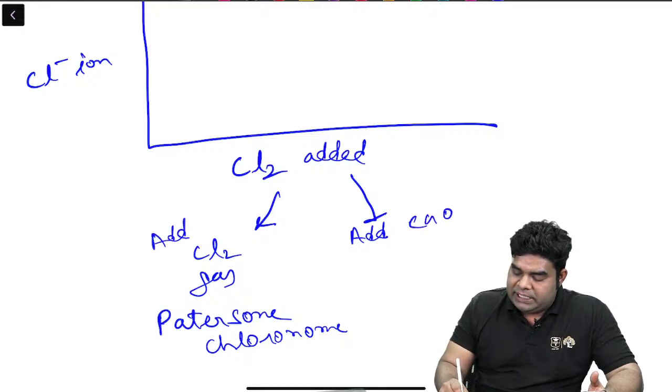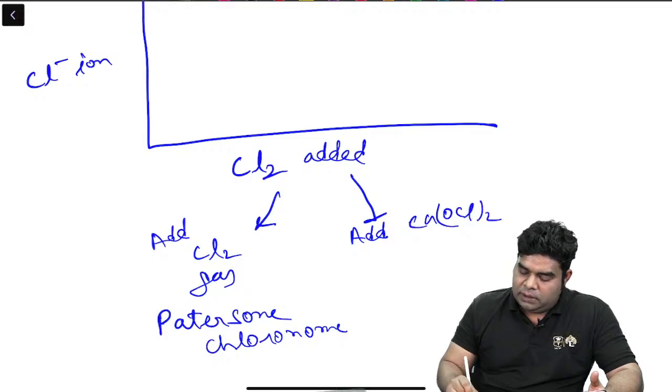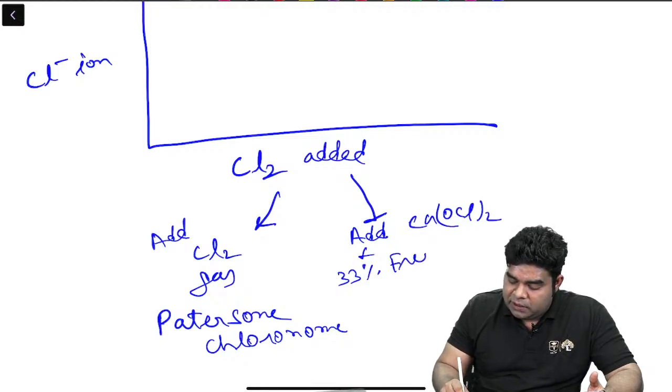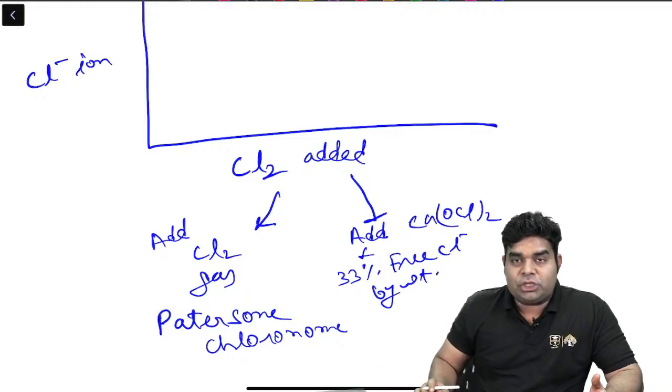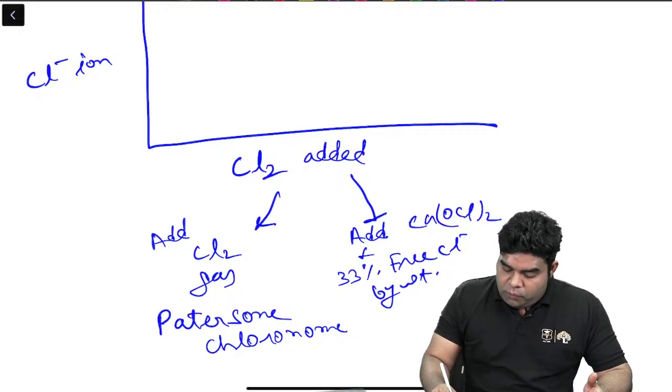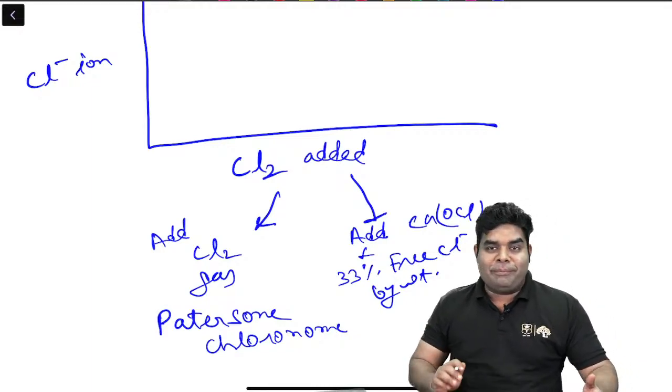Bleaching powder is CaOCl2, and if it is freshly prepared, there will be 33% free chlorine by weight in bleaching powder. So that chlorine we will add in the swimming pool to kill the bacteria.